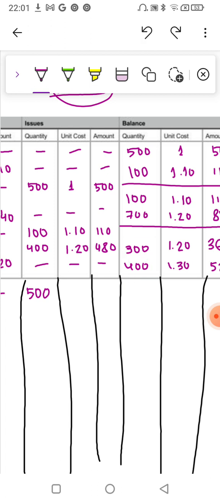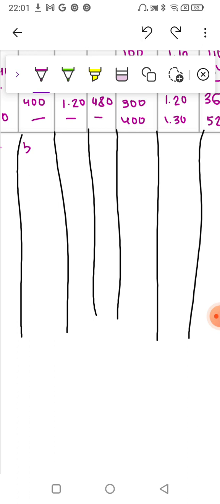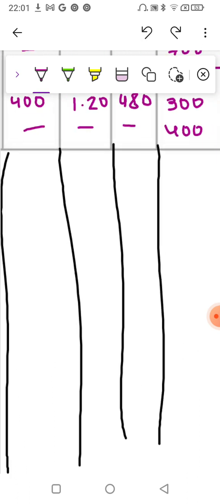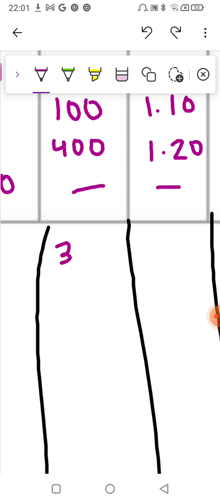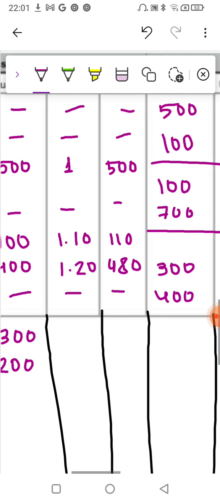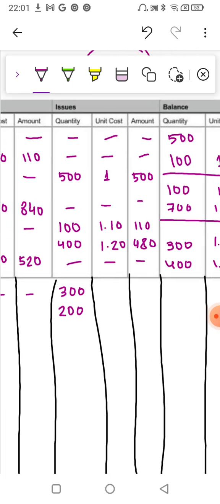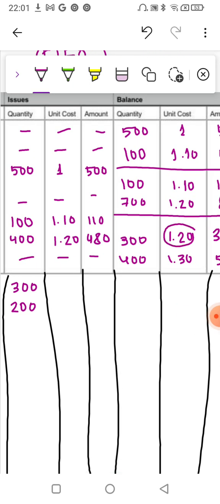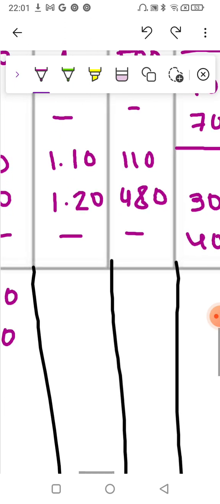So this 500 we can split into parts, first 300 and then 200. The first 300 will be from the 1.20 category, and the next one will be from the 1.30 category. So first we write 1.20, then we write 1.30.